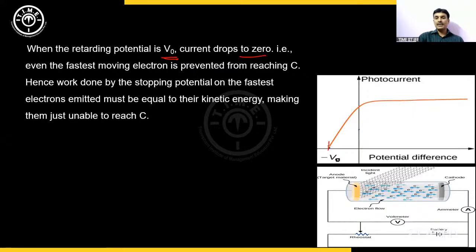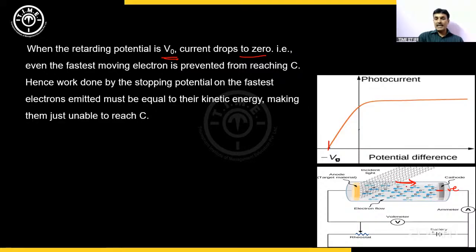That is shown here. So what happens at this V0? These electrons cannot move towards the anode because it is made negative. Between the negatively charged electrons and this negative plate, there is a repulsion, and that repulsion is dominating the kinetic energy, so it is able to stop the fast moving electron with high kinetic energy from reaching the anode.